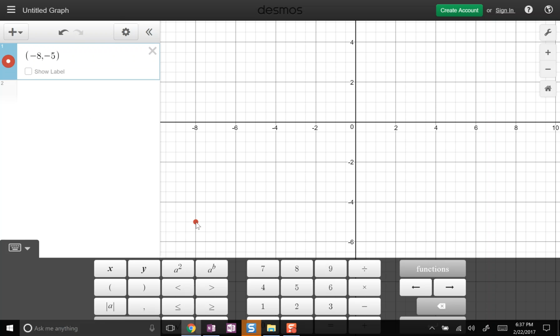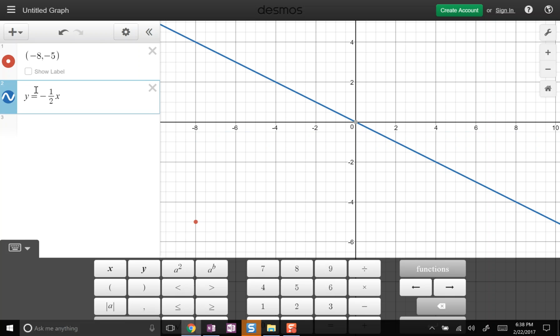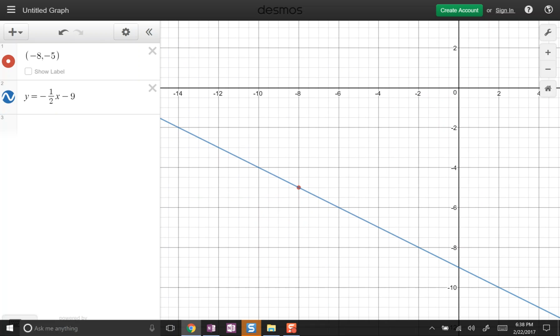So we want a line that passes through that and has a slope of -1/2. The equation that we came up with is y equals -1/2 x minus 9. And there you have it. Then you can see that you've got the correct answer by seeing that the line goes through that point and has that slope.